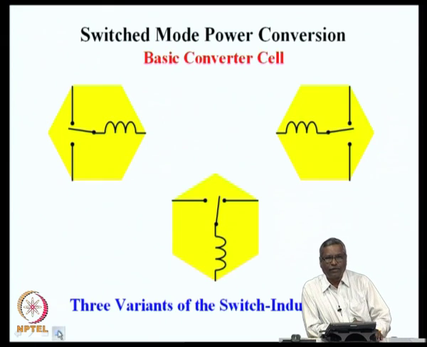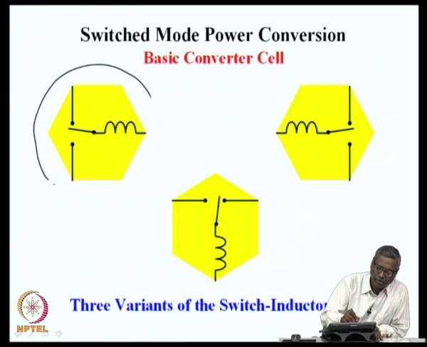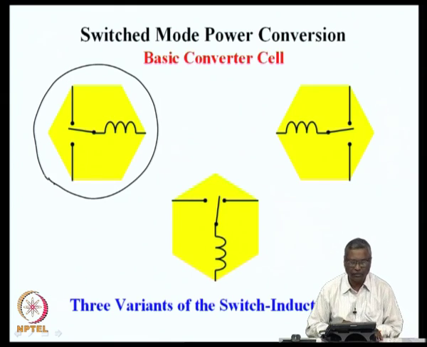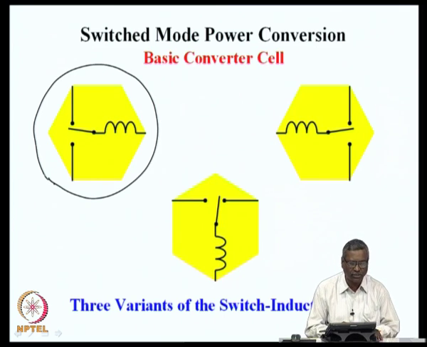Now, we will try to see the other converter topologies which are derived from the same switch cell. The cell that we had used in the first lecture was the buck converter, where the cell was used with the switch on the source side and the inductor on the load side.